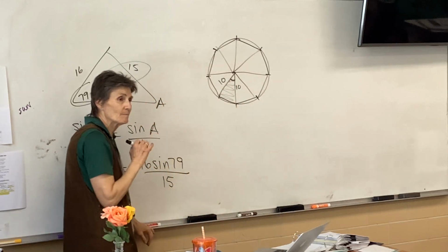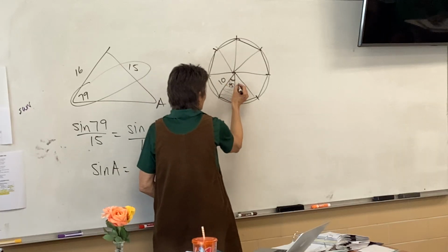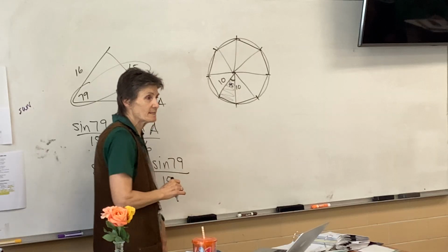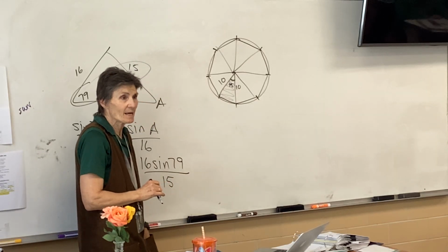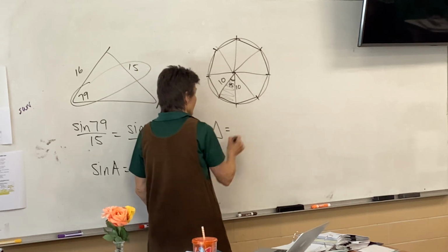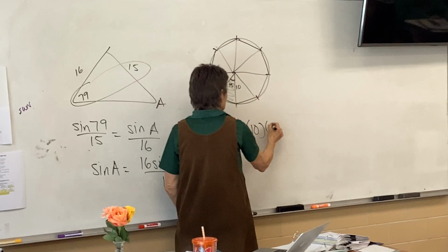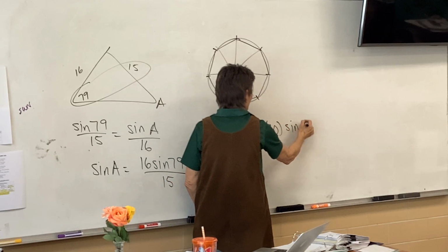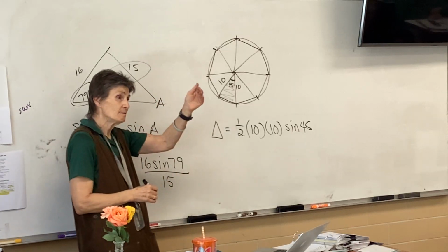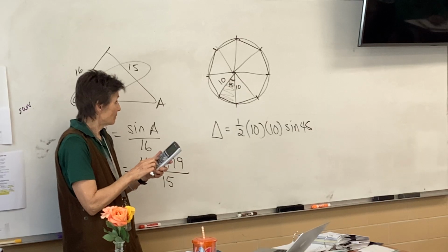What is that angle? 45. And why is it 45? Because there are 8 of them in 360, and 360 divided by 8 is 45. So the area of the triangle will be 1/2 times 10 times 10 times sine 45. Then I will type that in, and then multiply it by 8. Easy enough.